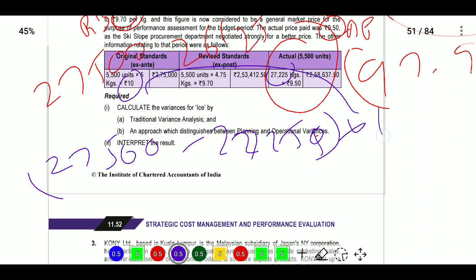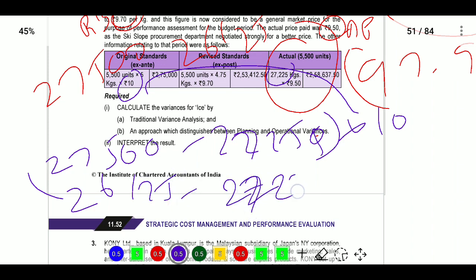And when you go for operational, the revised will be changed. So for revised it will be 26,125 minus 27,225 into which price? The standard price, which now will be 9.7. So we got the traditional variance, usage variance and price variance, and it may be favorable or unfavorable.